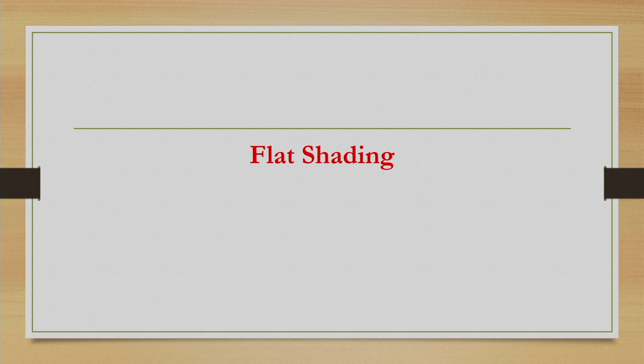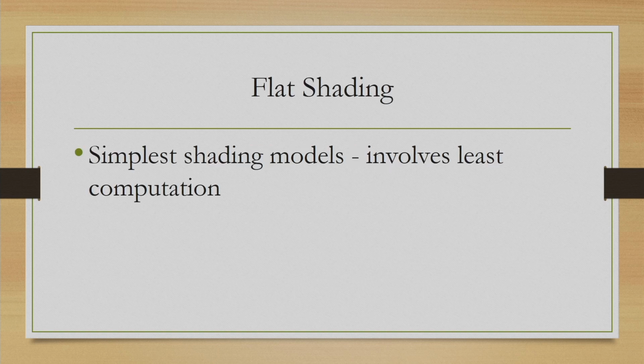Now, let us try to understand some shading models briefly. We will start with the simplest of the shading models, that is flat shading. It involves the least amount of computation.